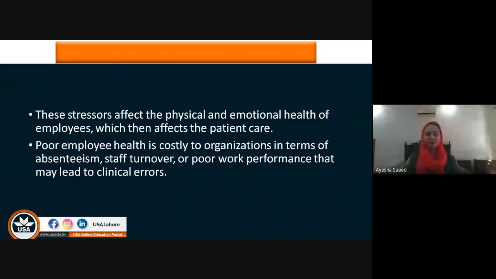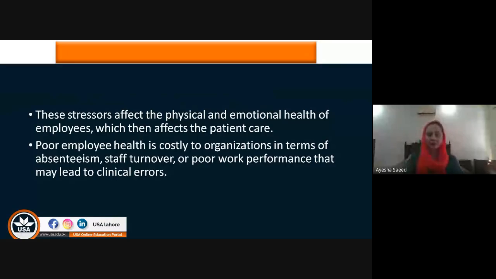So the patient outcomes can deteriorate too, and their treatment would be affected by the health performance because stress directly affects the health of the employee. And the organizations usually do not want all of these factors, so they are concerned about the mental health of the employees too.